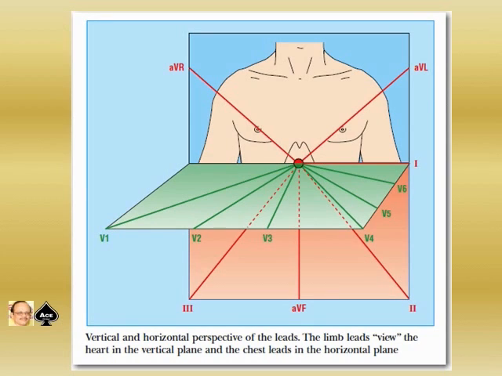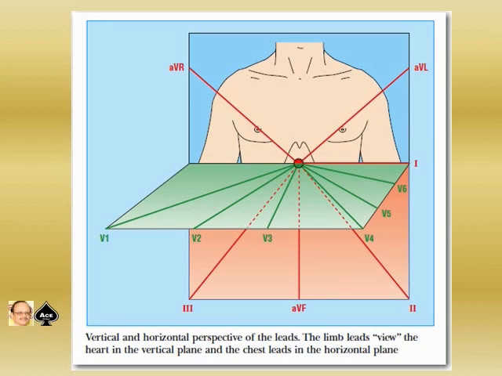It is lead 1, 2, 3, and the other 3 leads are numbered in English alphabets as AVL, AVF and AVR. So altogether there are 6 leads: 1, 2, 3, AVR, AVL and AVF in the vertical axis.